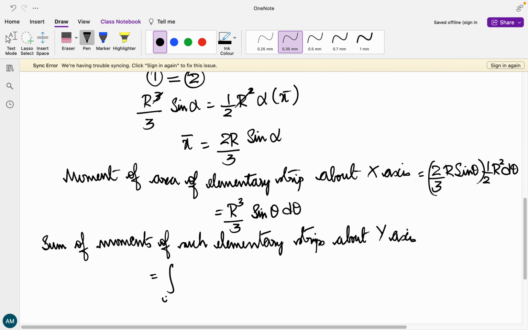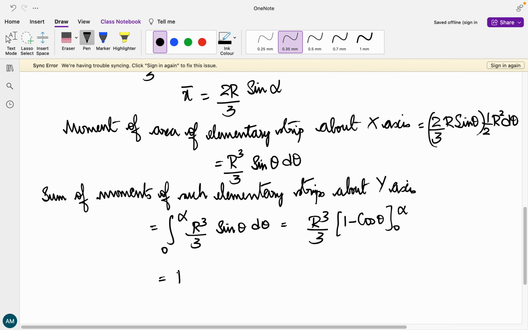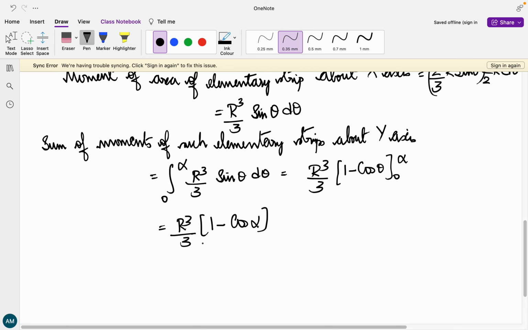So this is integral 0 to alpha of r cube divided by 3 sine theta d theta, which is r cube by 3 into 1 minus cos theta from 0 to alpha, or this can be written as r cube by 3 into 1 minus cos alpha. This is my equation 3.